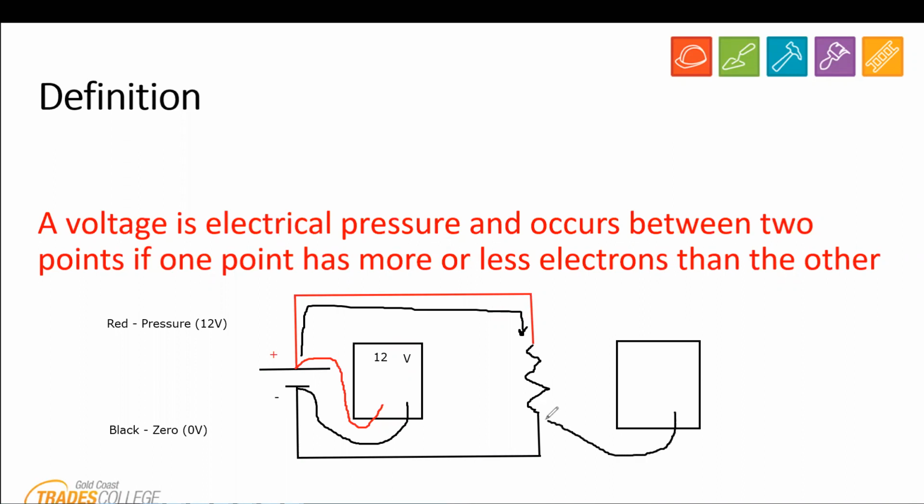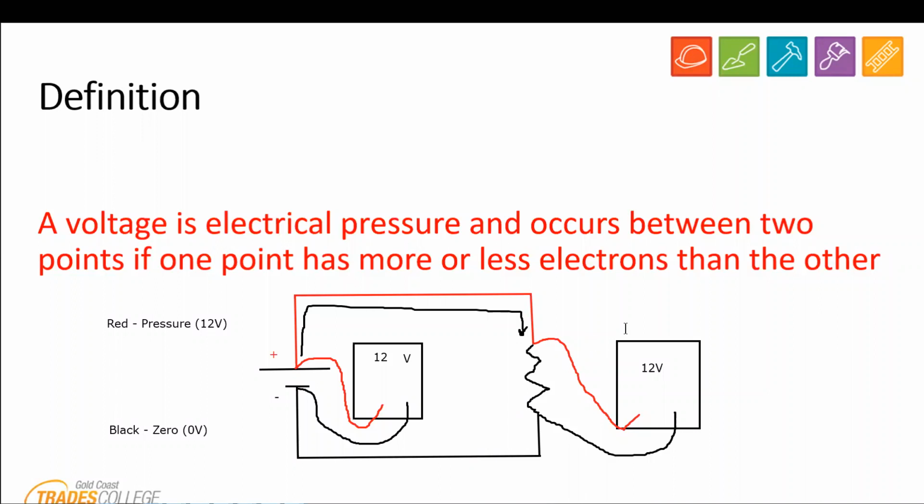So my black one will go to black, remember? And the red one will go to the top. By looking at it like that, it's an identical reading you'll get there. It's 12 volts again, because you're looking at the difference between one side of the load to the other.